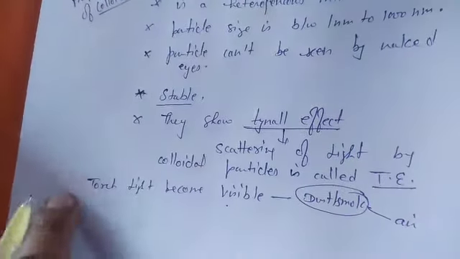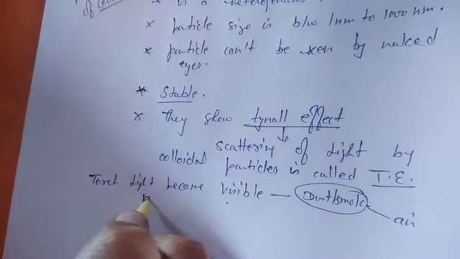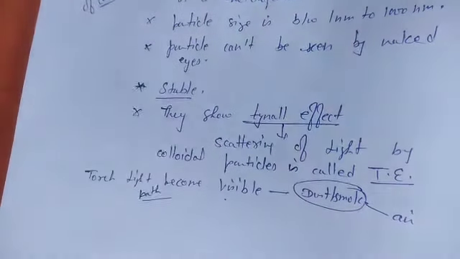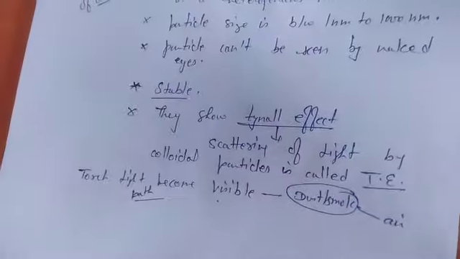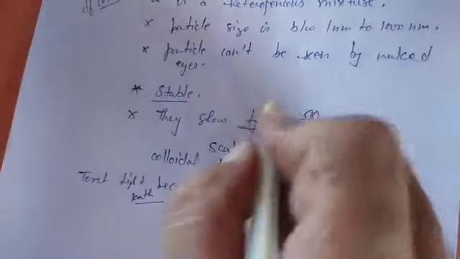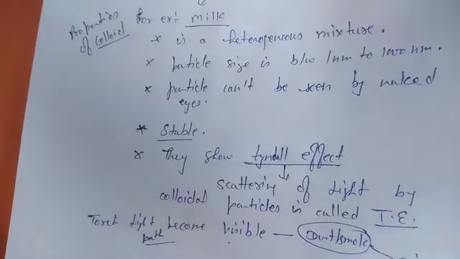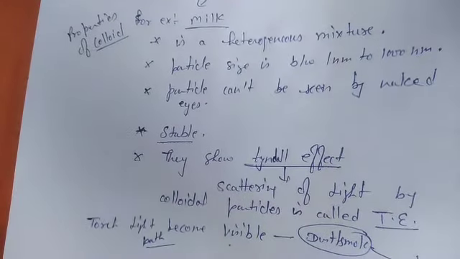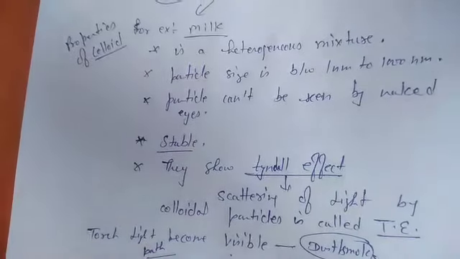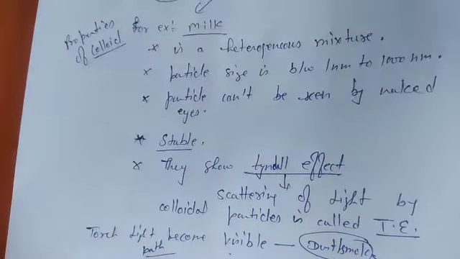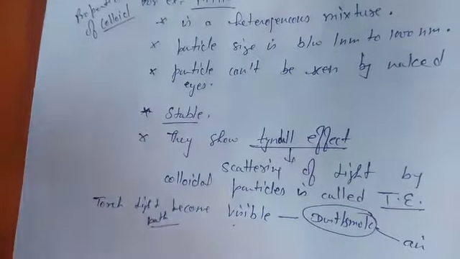That is why the torchlight path becomes visible to you, showing in which direction light is traveling. That particular thing is known as the Tyndall effect. So colloids, being heterogeneous mixtures, show the Tyndall effect, while true solutions do not show the Tyndall effect.